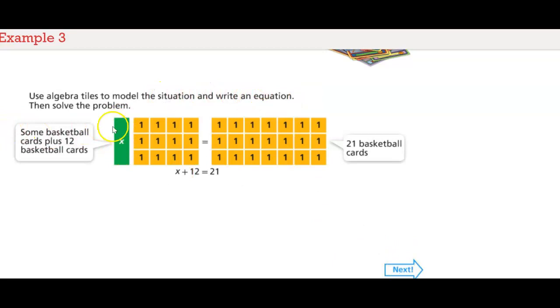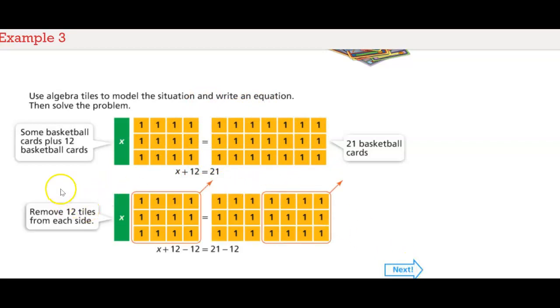The some basketball cards are represented by the X green tile. The 12 that he bought are represented by the individual yellow tiles, and that is equal to a total of 21 basketball cards. To find the value of X, we have to do the inverse of adding 12, which would be subtracting 12 from both sides.